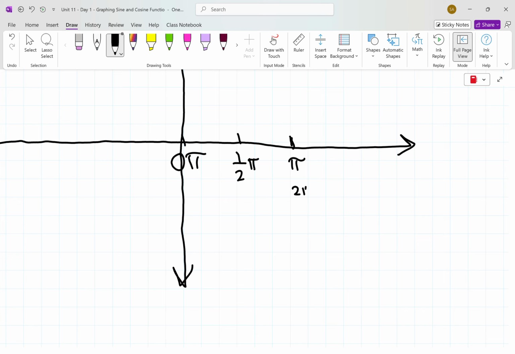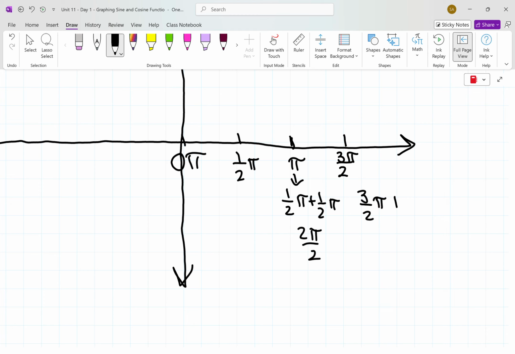And now I'm going to take that 2 pi over 2, and what am I going to add to it? Another half pi. So what's 2 pi over 2 plus 1 pi over 2? 3 half pi.